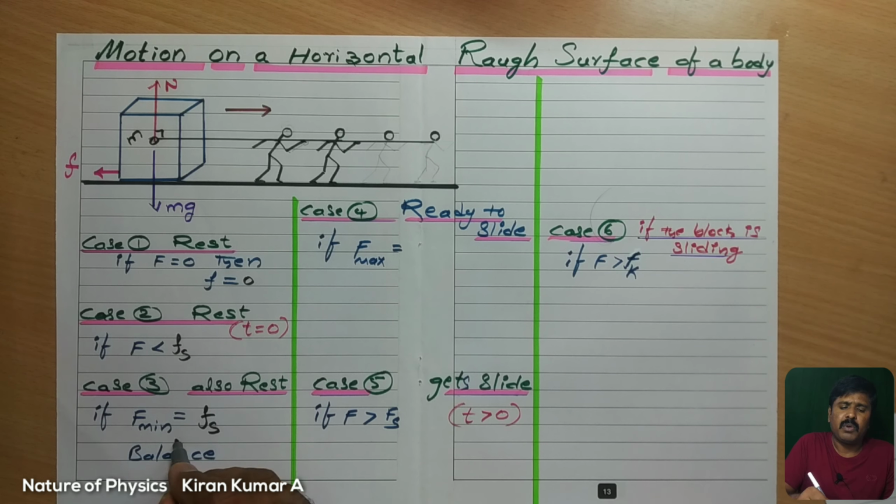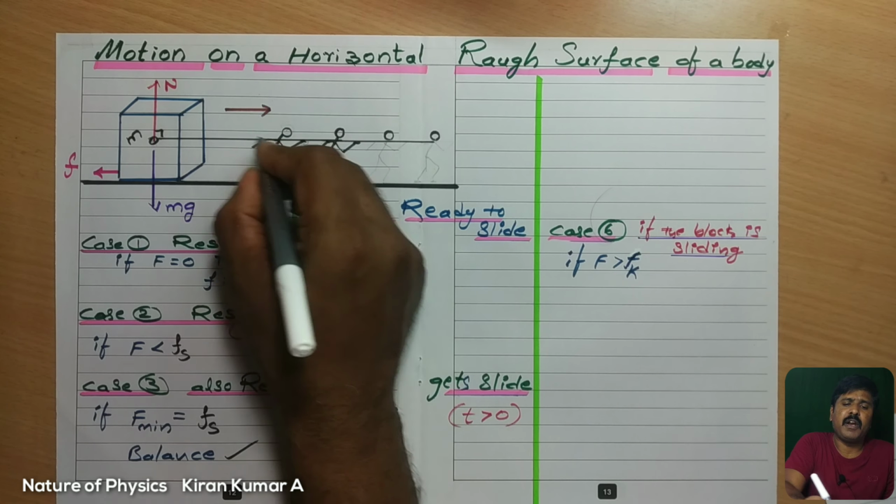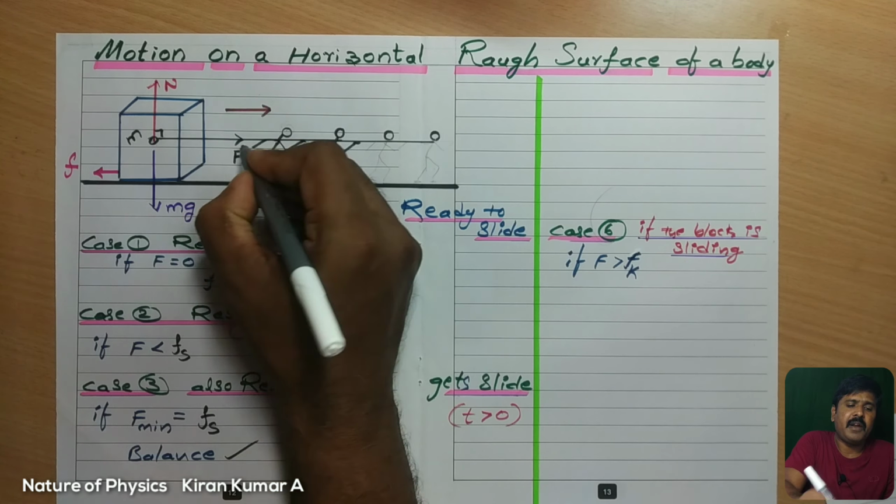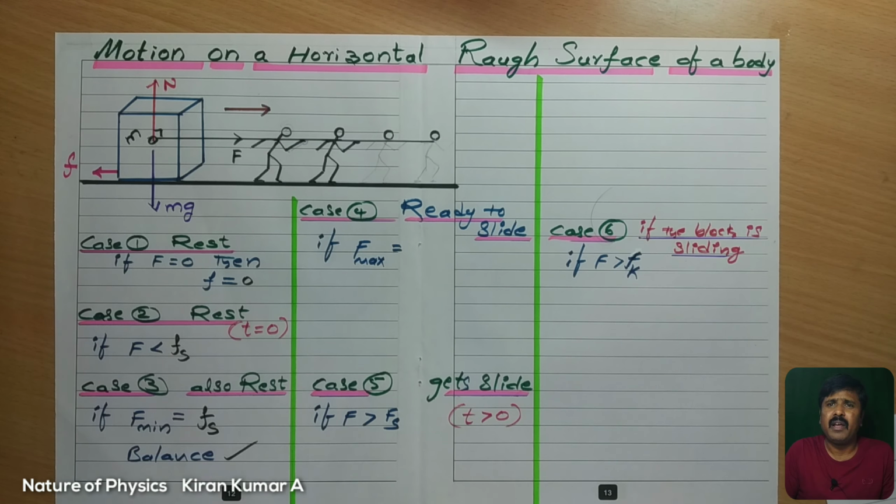Both are equal in magnitude and opposite in direction. The applied force is like this and the frictional force is like this, so the block is at rest only.